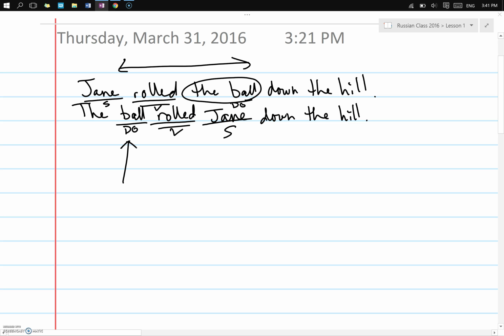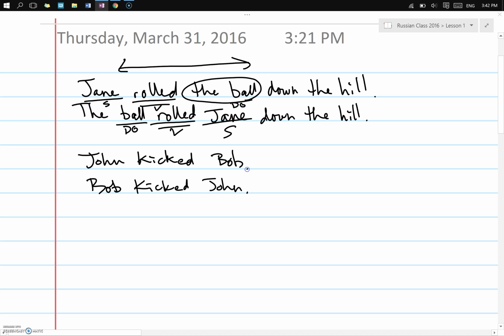Anyway, going back to our examples. The same logic that I just mentioned works with these. John kicked Bob. Bob kicked John. Okay. In either case, the verb is kicked, right? But if we look at these, we only know in English who kicked whom, like how I used whom there. It's kind of like my thing.